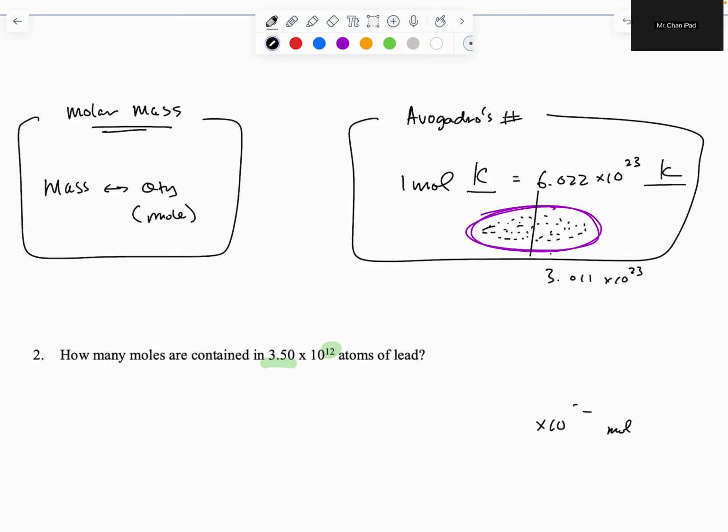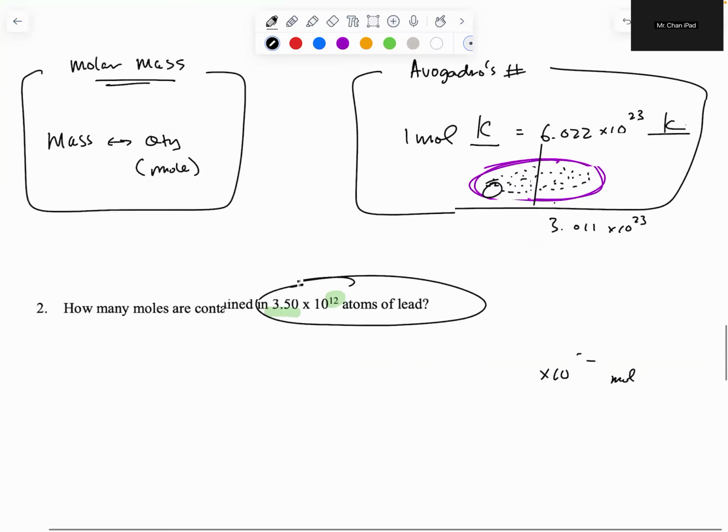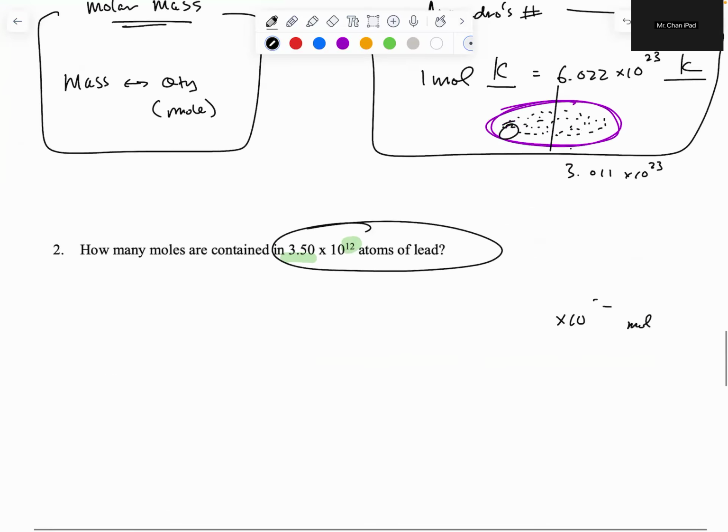Still 10 to the 23rd power. So if you say, oh, what about this amount of atoms? Then we're talking about a tiny little fraction of a single group. And because of this, we shall know what to do with our numbers. Okay? We say, where do we put the 6.022 times 10 to the 23rd? Should we put it in the numerator or should we put it in the denominator?